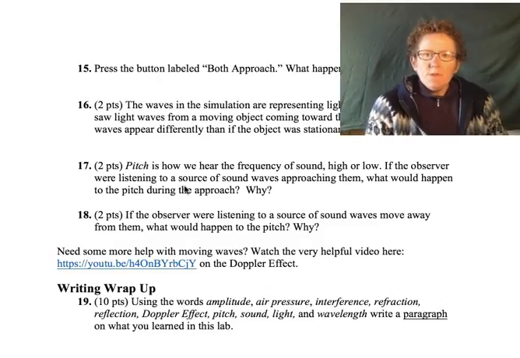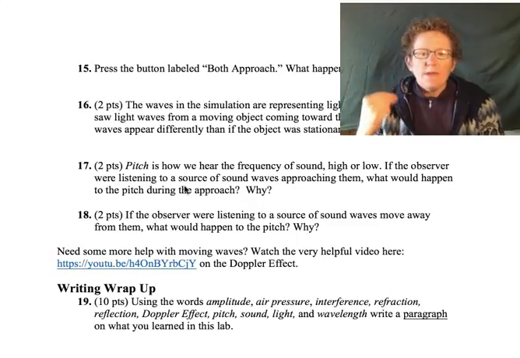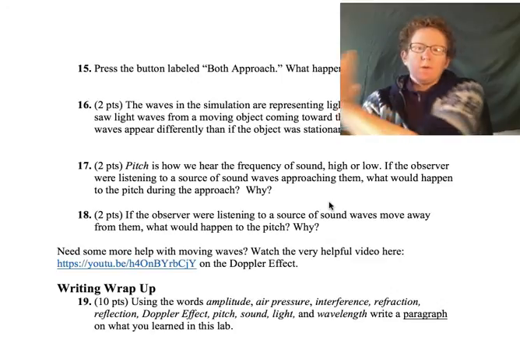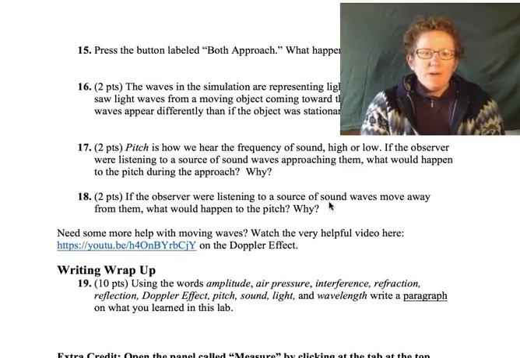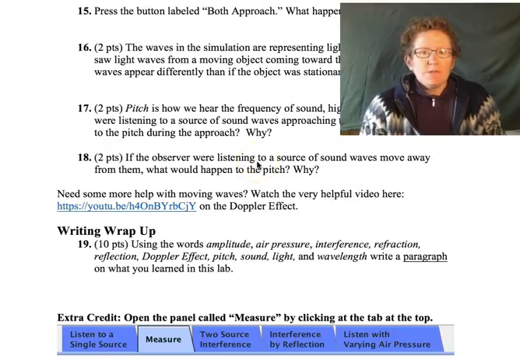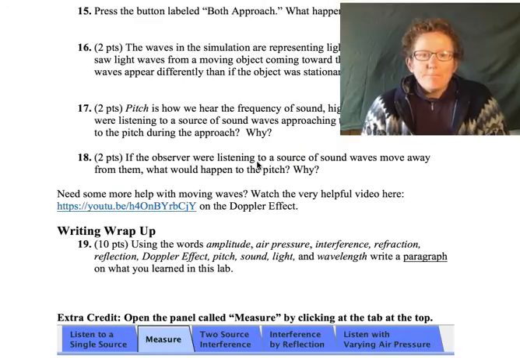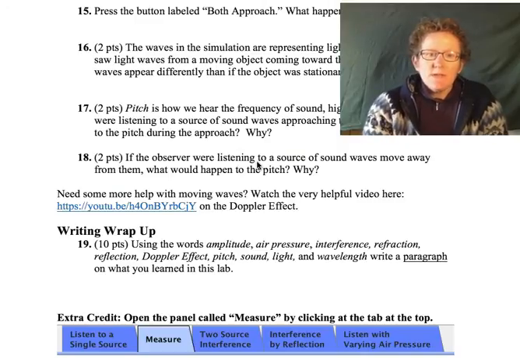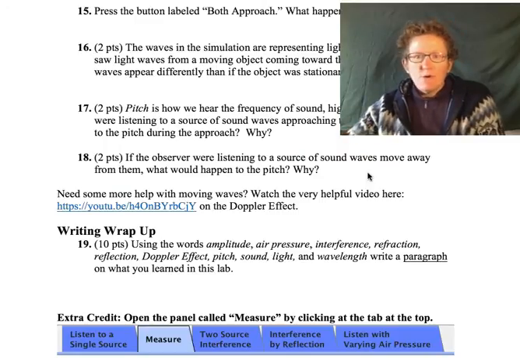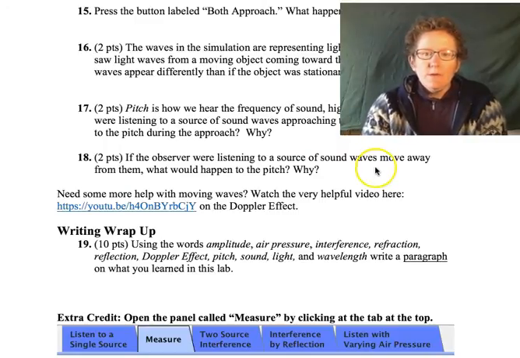So you can think about what that means, how we hear the wavelength of the sound as it's approaching and as the source is departing from us. So we have been the observers. We were just observing something on YouTube, but we were listening to a source of sound move away from us. What happened to the car horn as it drove away from us? You probably have enough information to answer this question now.